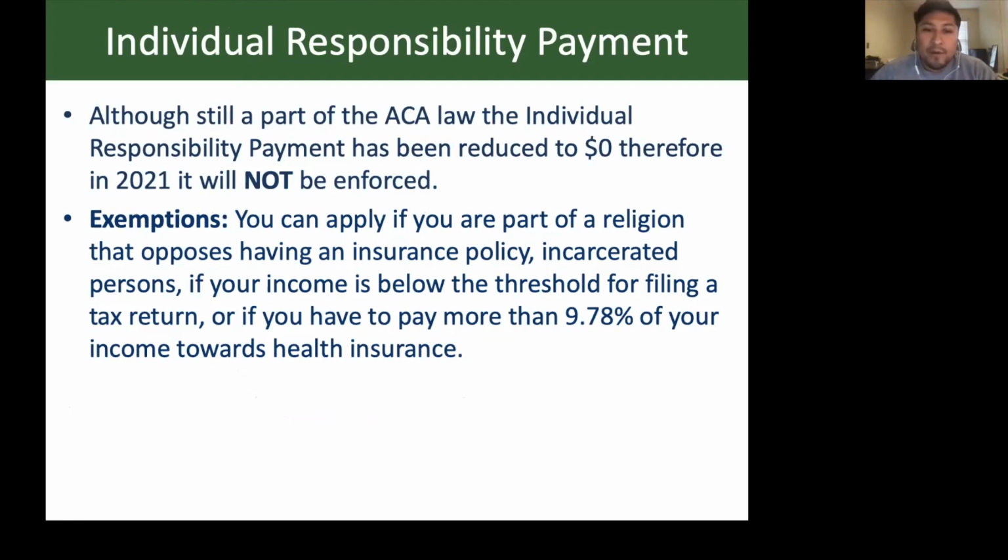Again, if your employer coverage costs more than 9.78% of your annual income, you can apply to opt out of those plans and into the marketplace. If you were incarcerated, or if you are below the filing threshold for tax returns, you can also apply for exemptions.